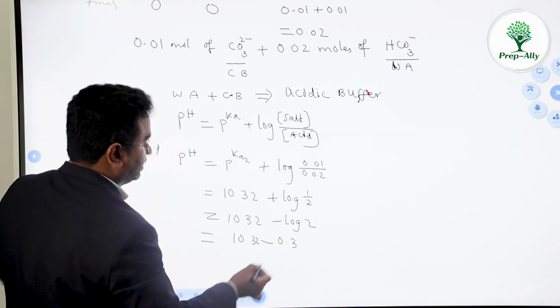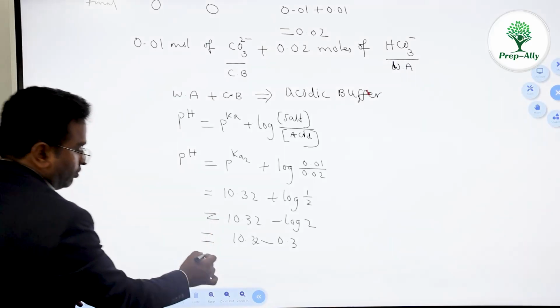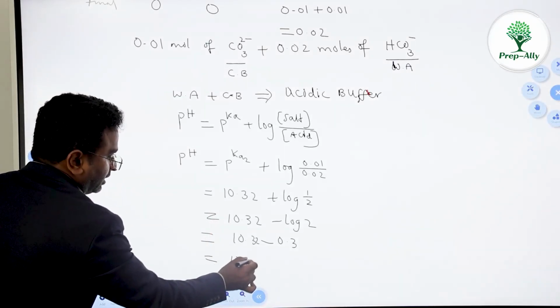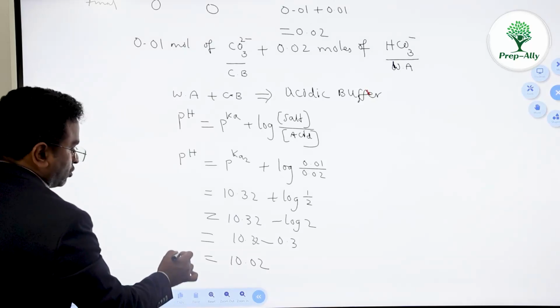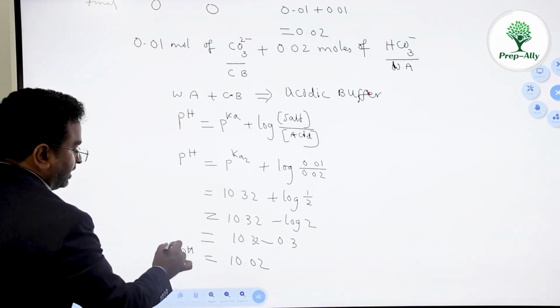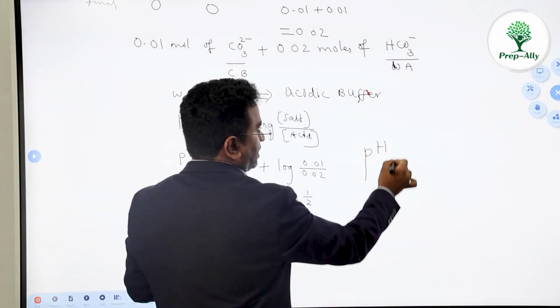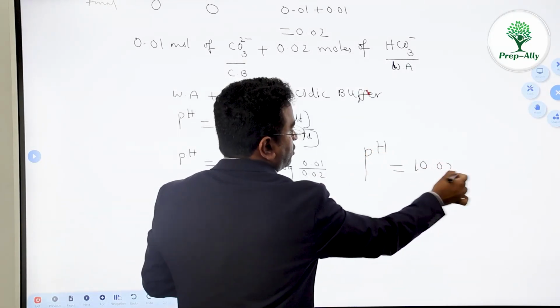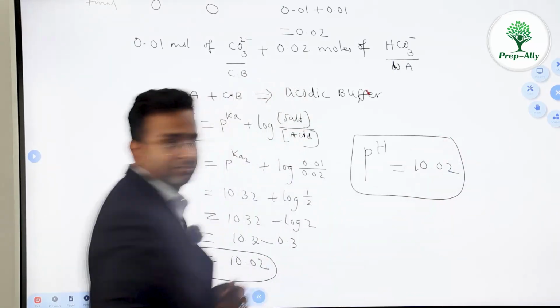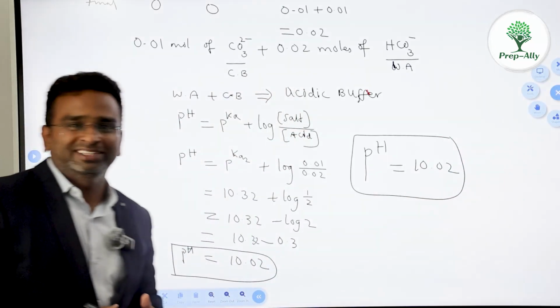They have already given the log 2 value, so that is what we are substituting. That is 10.02. So the final answer, the pH of that mixture, is 10.02. This is the answer. Right, thank you very much.